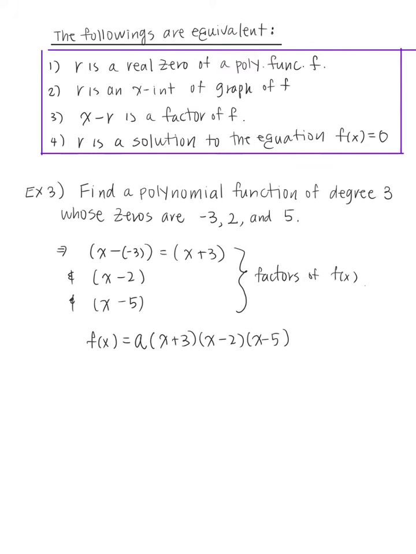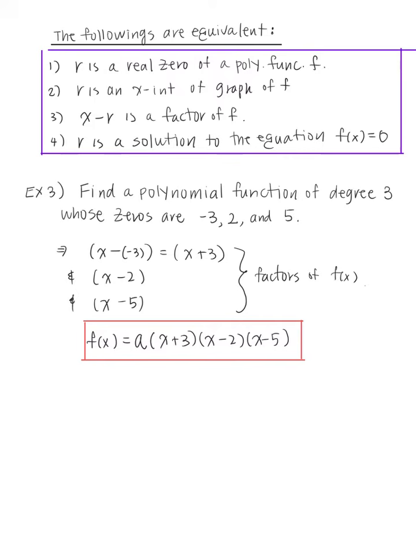I think it does, because if I multiply the first two factors together, the biggest exponent on the variable we can get is 2. And then if I multiply x squared times something of the form x minus 5, do you see that we're going to have a third degree polynomial? So I'm just going to box that for our answer.